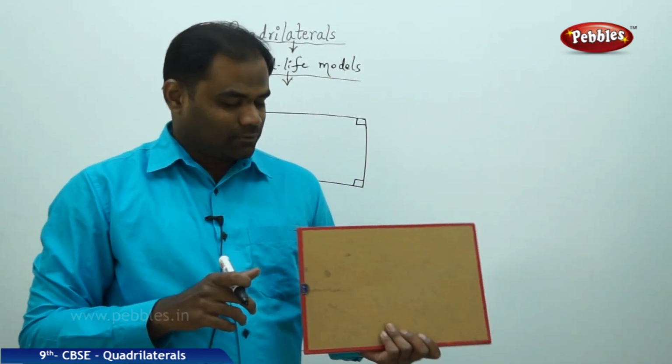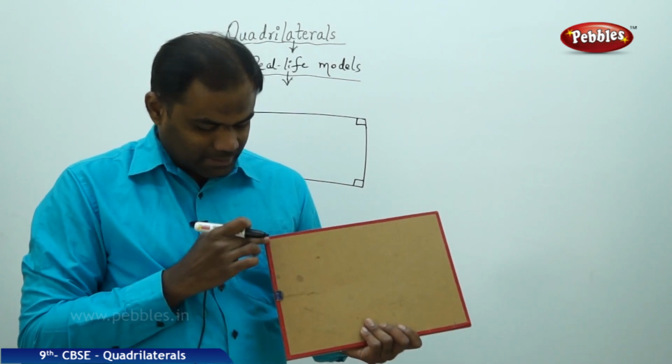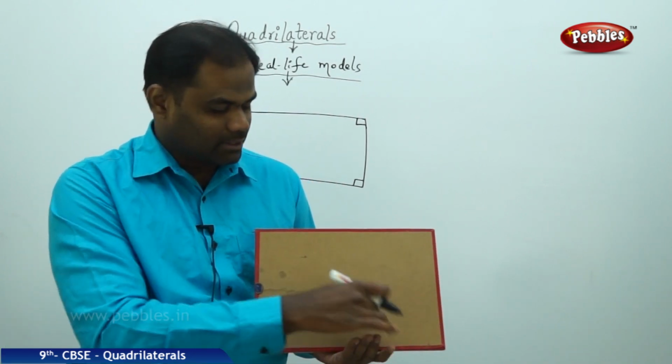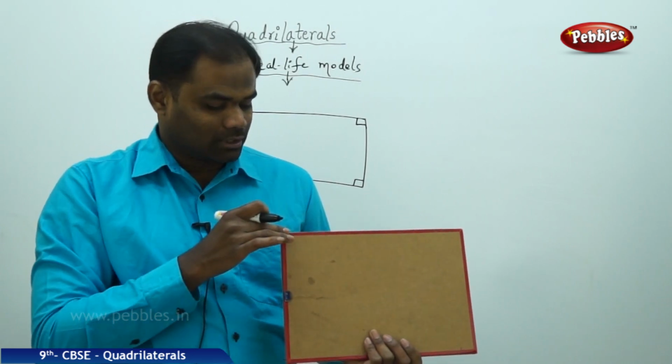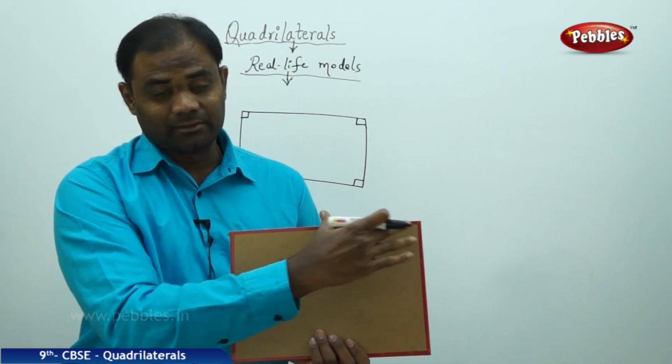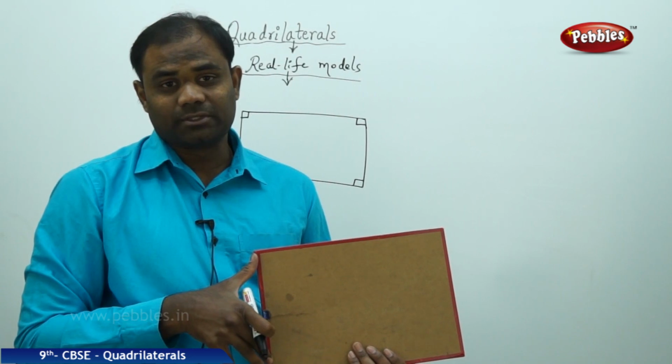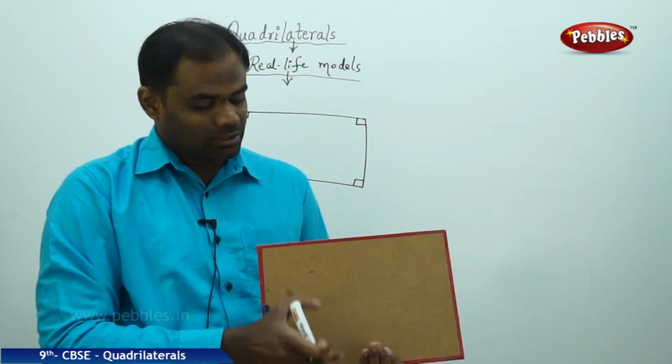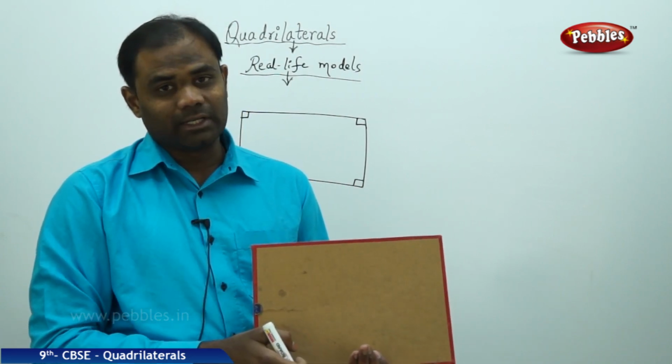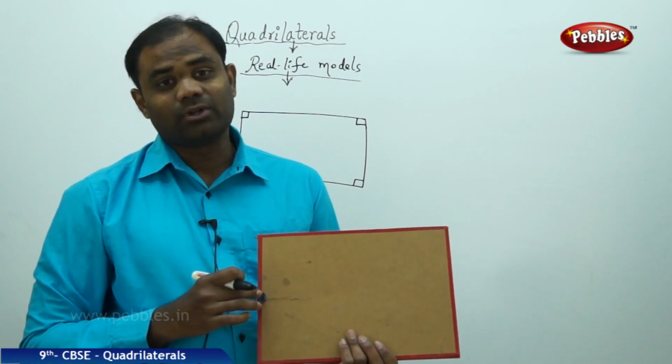But let's see the lengths of the sides. I see that this length is shorter than this length, because this length is longer when measured, and this is shorter when measured. So obviously these two sides are bigger in length and these two sides are smaller in length.